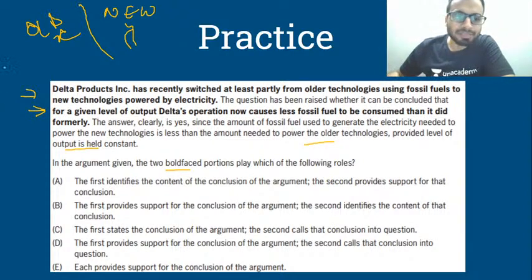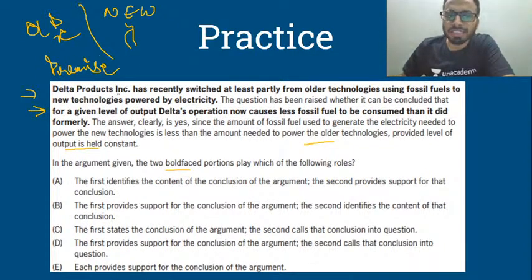So understand what is the premise and what is the conclusion. What is the premise of the passage? The premise is that Delta Products Inc. has switched from old to new, right? Old used fossil fuels, new is powered by electricity. They're not using fossil fuels. Then they are asking whether, for a given level of output, Delta's operation causes less fossil fuel to be consumed than it did formerly, right?